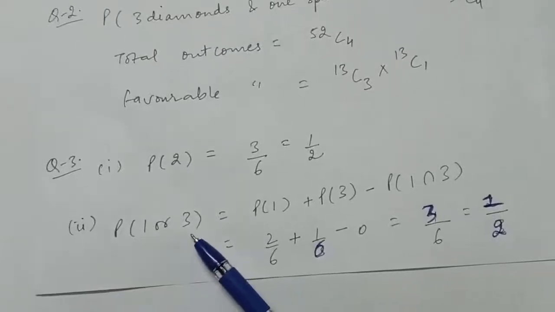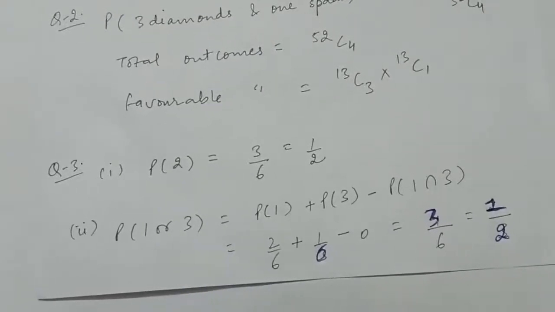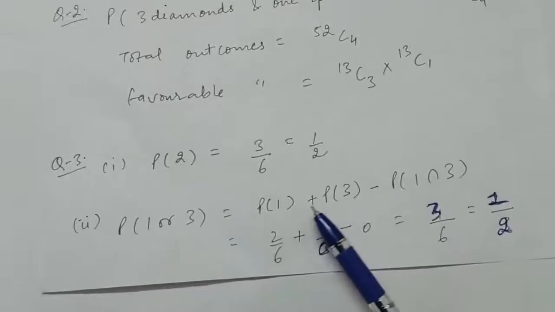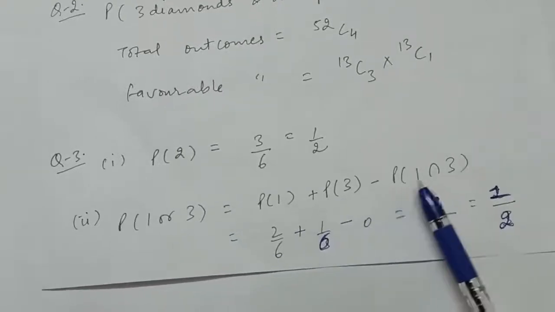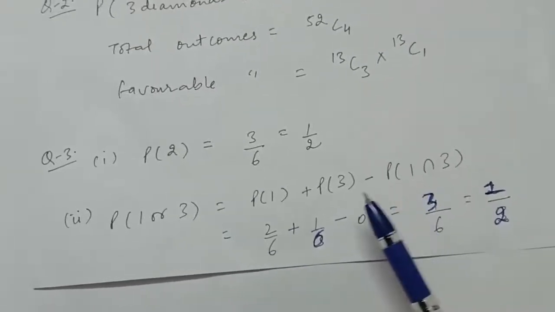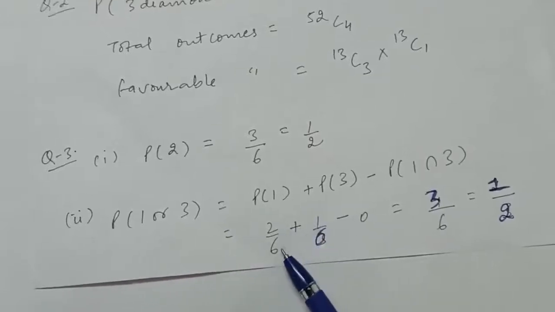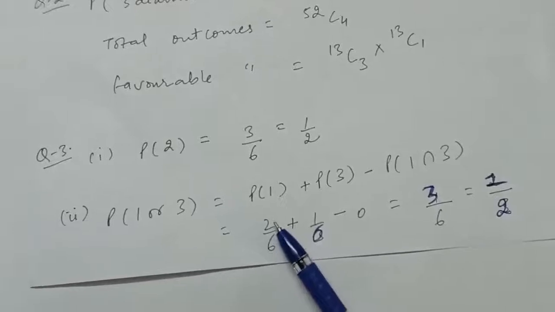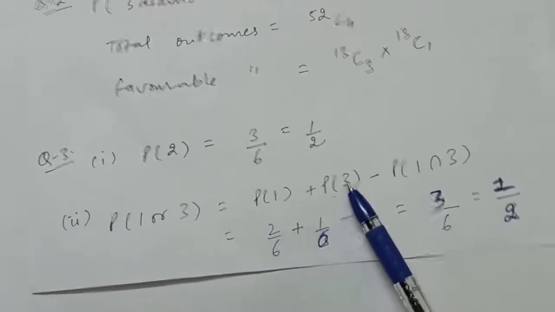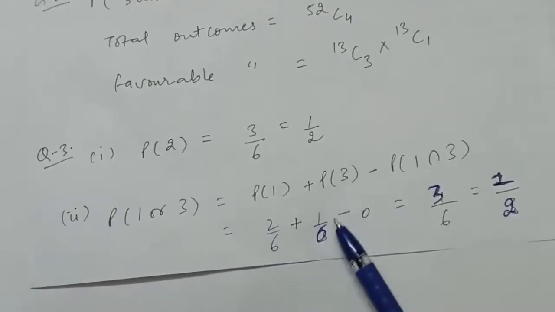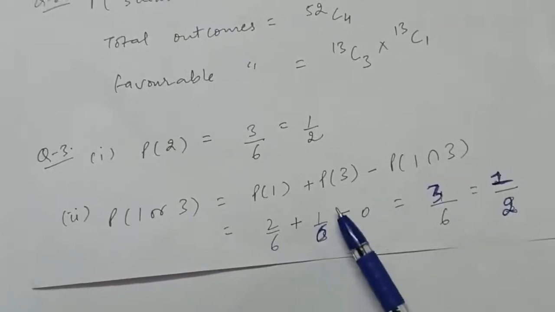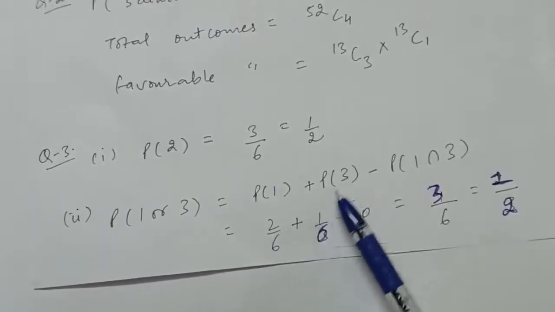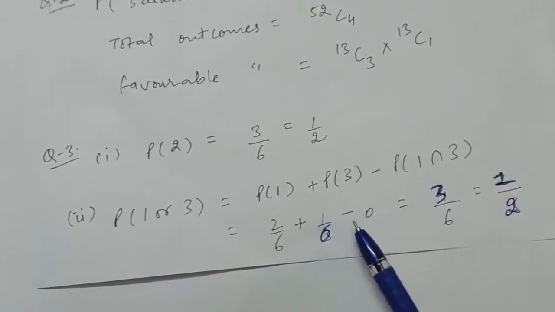Now the second part is the probability of 1 or 3. That is the probability of 1 union 3, which is probability of 1 plus probability of 3 minus probability of the intersection of these two. Now see, probability of 1 will be, total outcomes are 6 and favorables are 2. Why? Because 2 faces have number 1 on them. Now probability of 3 will be 1 by 6, because out of 6 faces only 1 face has the number 3 on it, right?